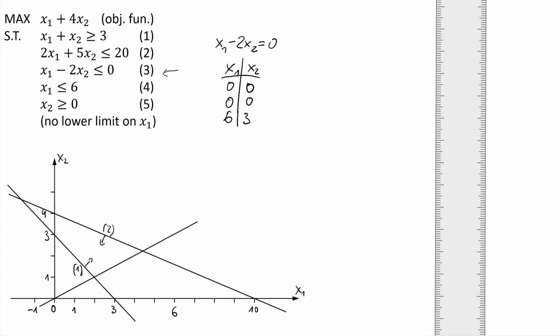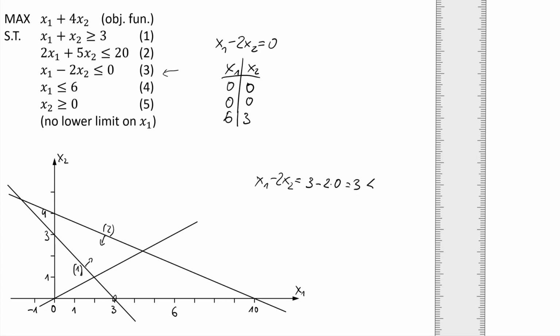Let's try the point (3, 0). I plug in 3 for x1 and minus 2 times 0, so that gives me 3. But the constraint said less than or equal to 0. This is not less than or equal to 0, it is greater, so it's not satisfied. So this point is actually not feasible for this constraint.